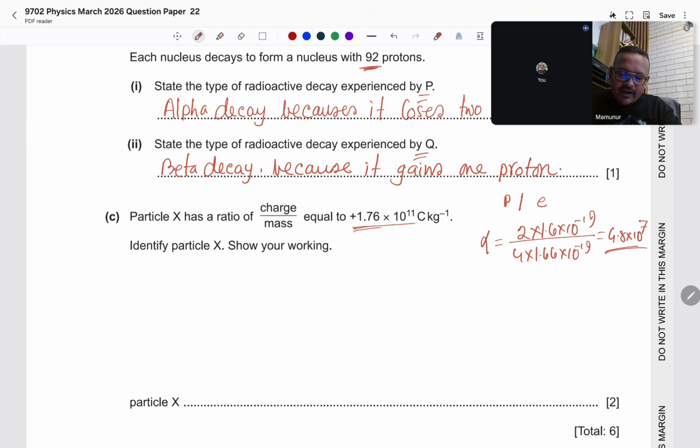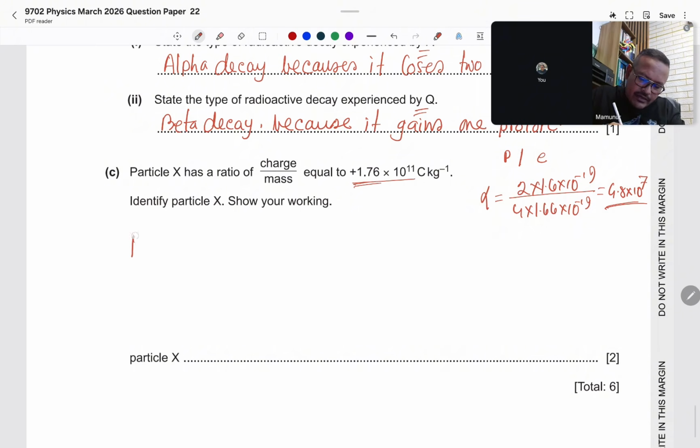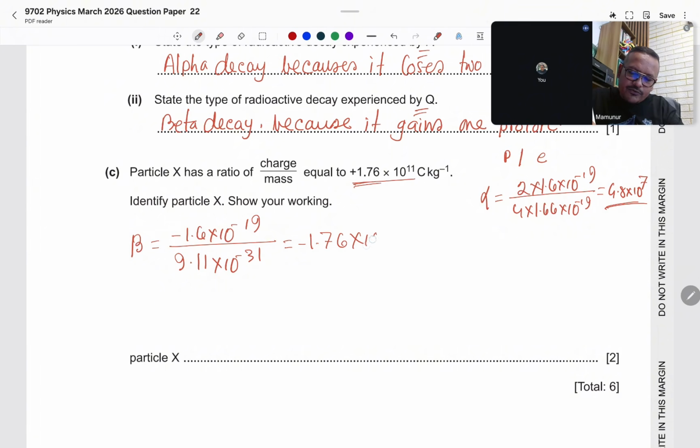We can find the charge to mass ratio of a beta particle, which means an electron. What is the charge of the electron? Minus 1.6 times 10 to the power minus 19 divided by the mass of the electron, 9.11 times 10 to the power minus 31 kg. It is minus 1.76 times 10 to the power 11.